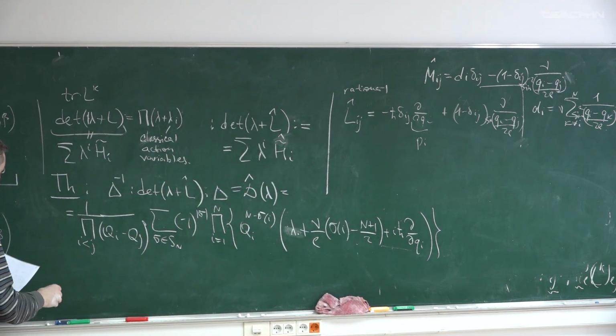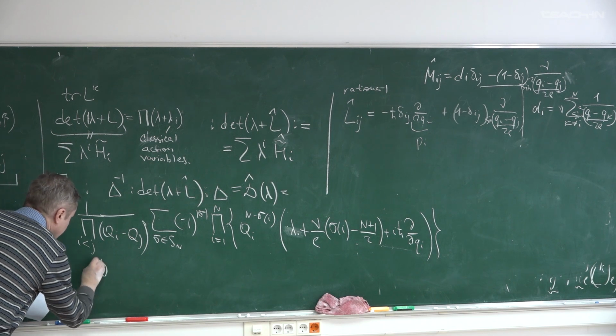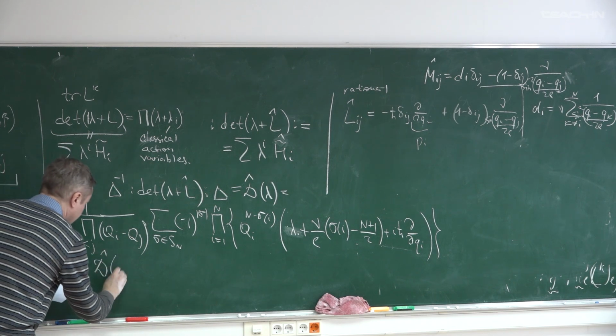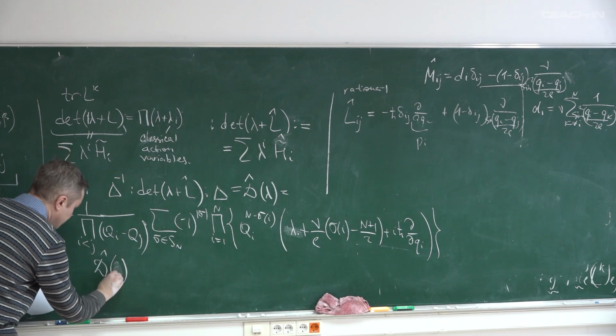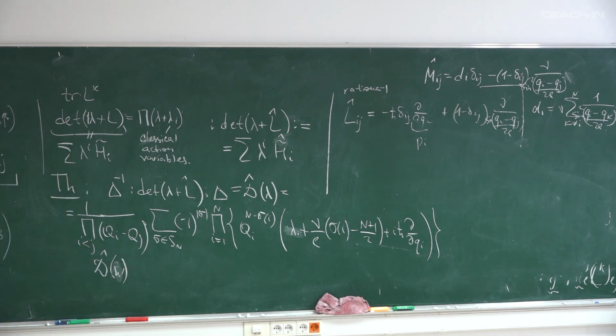Maybe it's not good to use this lambda because my notation for lambda was a Young diagram. So let me write it here, d of w. This w means the same as lambda here.